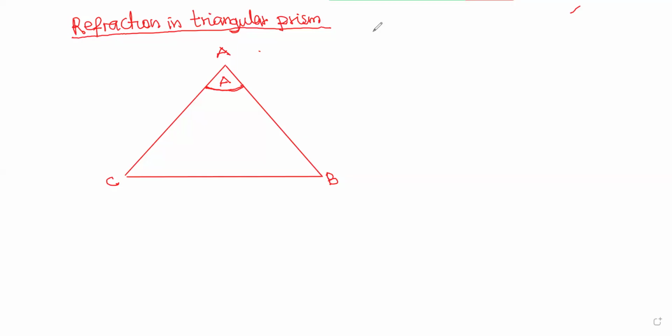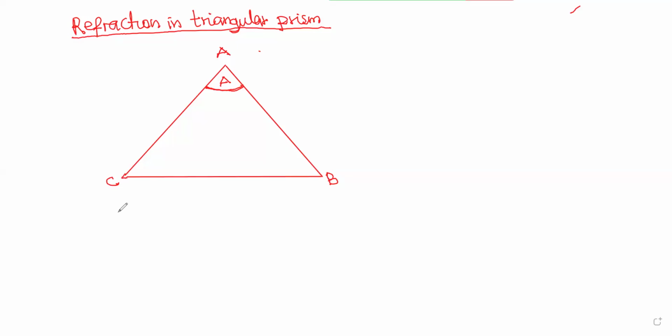So if you want to buy a triangular prism, you must go with the nature of the material used. Maybe I want a plastic one or a glass one. And then, being plastic or glass, it also has its refractive index. So you must go with the refracting angle, the kind of material used, and perhaps you can also talk about the refractive index.